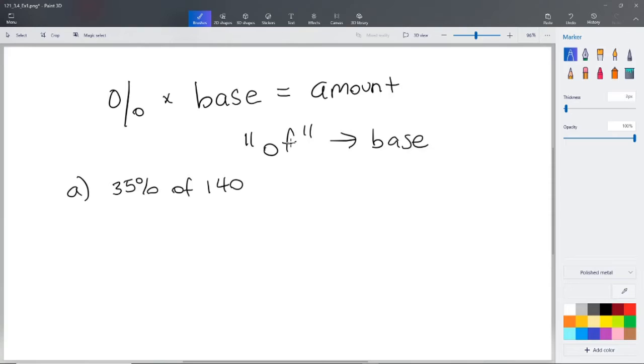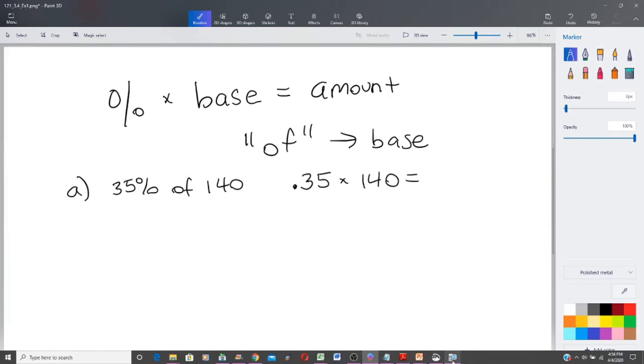A lot of times when we're doing math, we don't want to use the percent part of it. So remember how we're going to do this. Either take 35 and divide it by 100, or we're going to take that decimal and move it over. In our case, I'm just going to move the decimal over, and that's going to be 0.35. We're going to multiply that times 140, and this is going to give us the amount here.